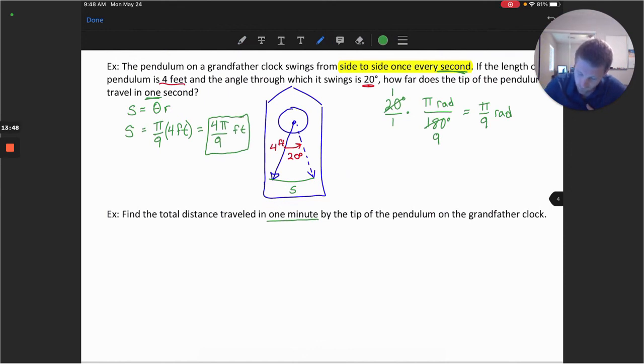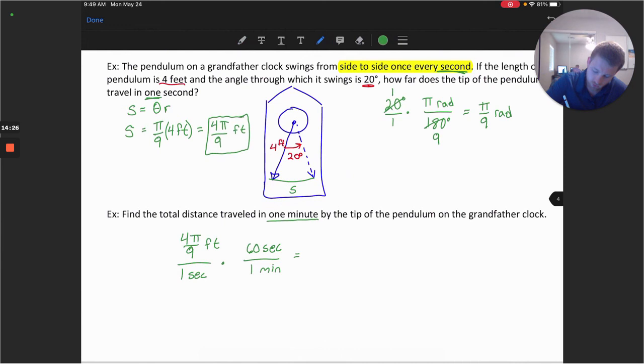So if it goes 4 pi over 9 feet, and we can consider this as a speed now, or a rate, in 1 second. I want to know how far it's going to travel in 1 minute. Well, that would say that every 60 seconds per minute. And so if I multiply by 60 here, I could get the following.